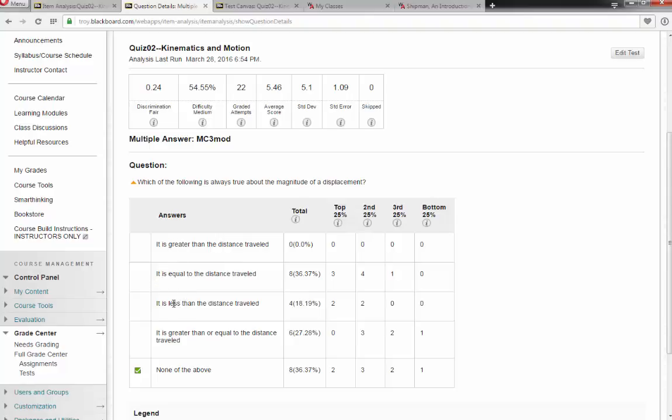So if you select this and this, you're saying that this is true and this is true at the same time, and basically that's mutually exclusive. The magnitude of the displacement cannot at the same time be equal to distance traveled and less than distance traveled. It's one or the other. So if you select multiple, you're basically saying this and this, not this or this.